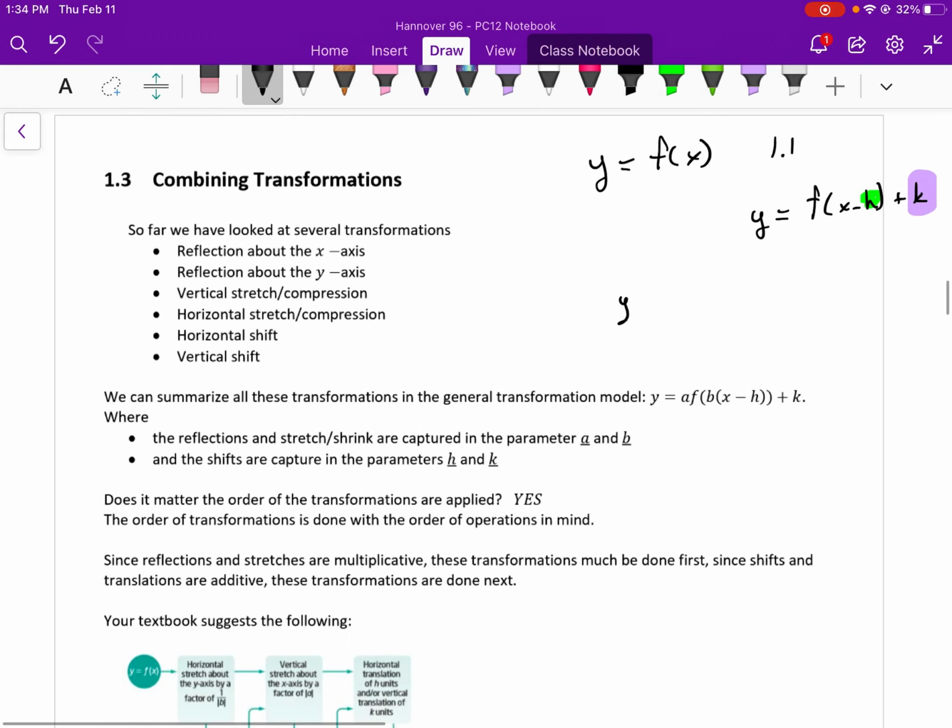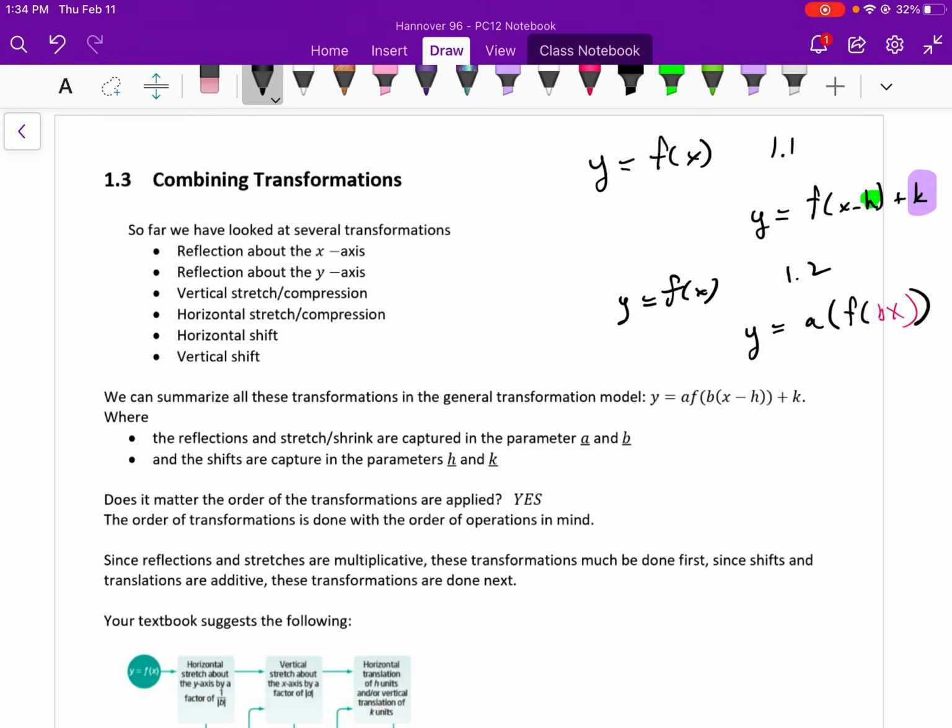Then we expanded our understanding, and let us consider y is equal to f of x, our parent function, and 1.2. 1.2 looked a little bit different. We could start off with y is equal to f of x, and then we expanded it so that we may consider y is equal to a, open brackets, f of b of x, and really a dealt with two different transformations.